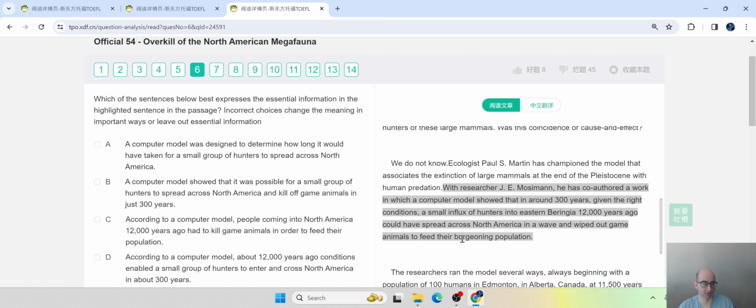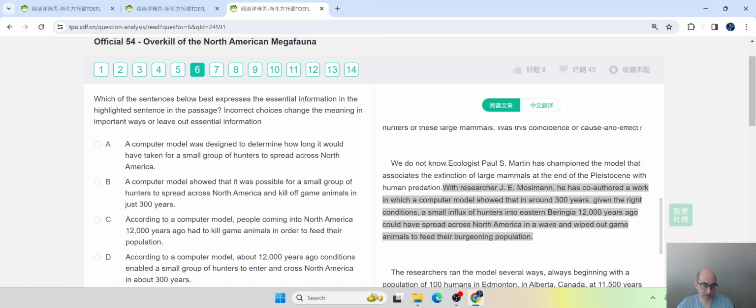Okay. So choice A: a computer model was designed to determine how long it could have taken for a small group of hunters to spread across North America. Okay, so what's the issue with this one? Is it the correct answer option? Well, the issue or the problem with this one is how long.